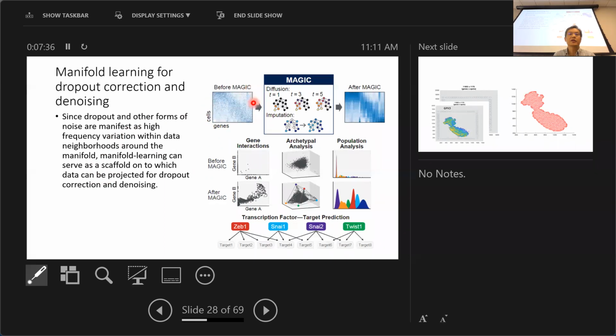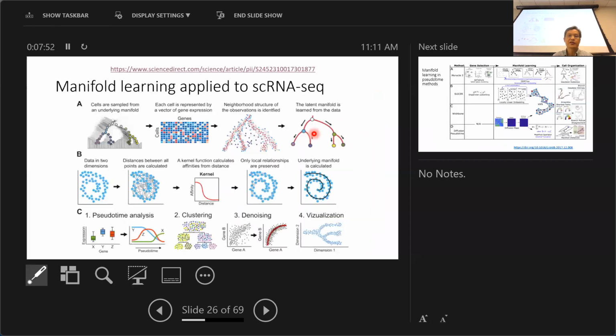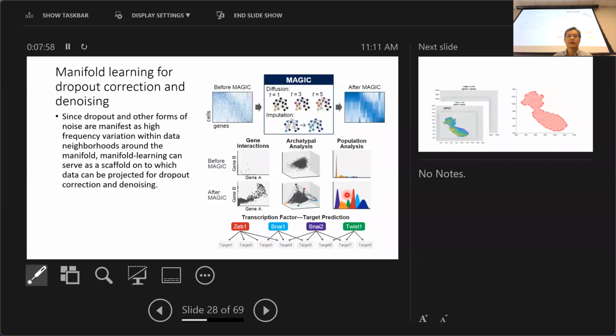That's before the MAGIC imputation and after. In the middle, the process is almost identical to PHATE, meaning every step in column B is the same until the last step.